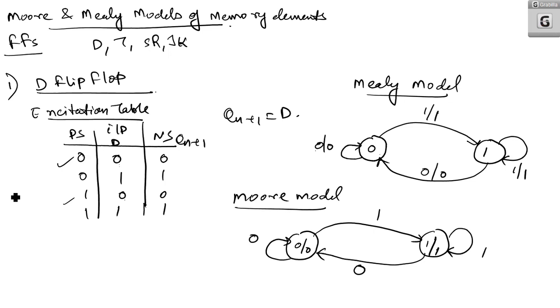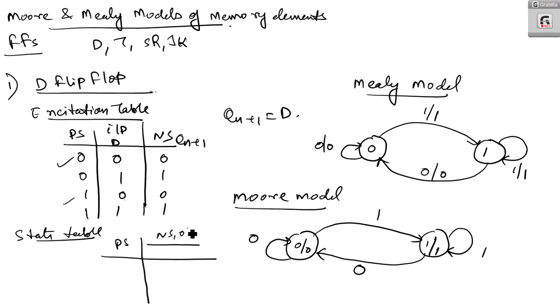And if you are drawing the state table, how would it look? You have present state, next state and output, then input. What is input? I have x. So when input x, or D, is equal to 0, and here D is equal to 1.